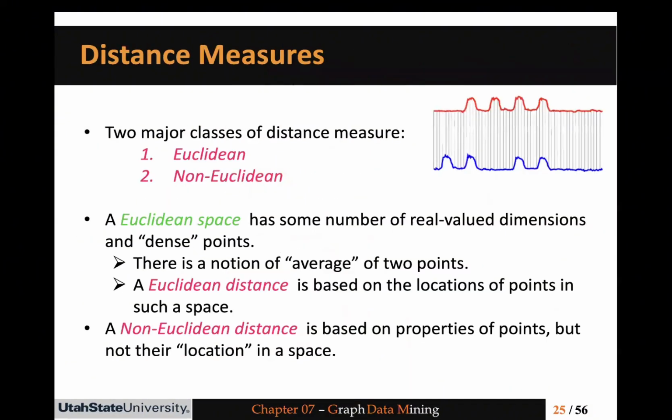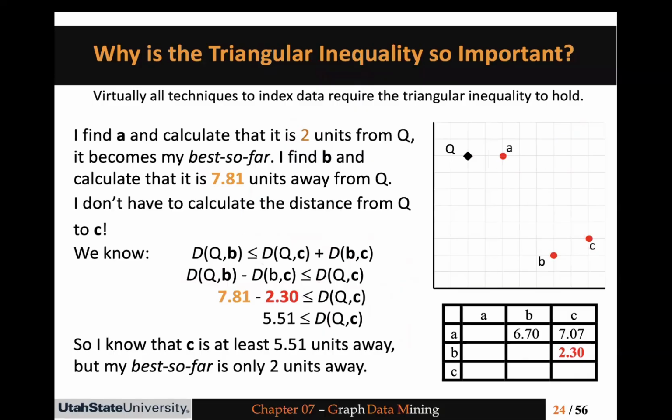And more importantly, a measure which satisfies the triangular inequality allows me to do indexing, because the big idea behind indexing is that I will follow part of the search and ignore some parts of the search, because I know for sure that the distance is greater in some areas of my search space, thanks to the triangular inequality, right?